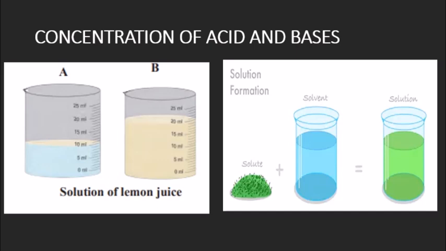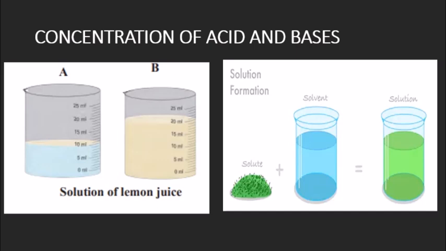Now the quantity of lemon juice is the same in both solutions. In A we have added the same amount of lemon juice, and in B also. The quantity of solute is the same, but what is different is the solvent, that is the water. So the ratio of the quantity of solute to the quantity of the solution is different.